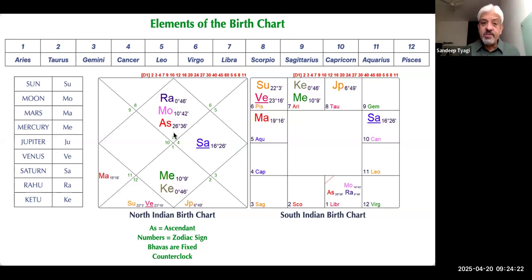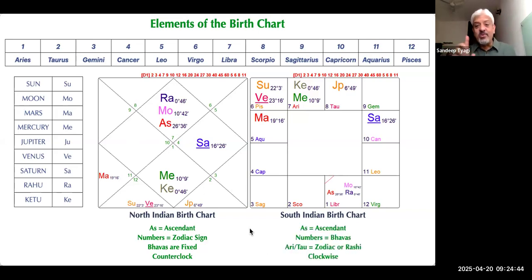The number here is not the number of the bhava or the house. It is the zodiac. This remains fixed. It's always the first bhava. This is always the second bhava. This is always the third bhava, the fourth, fifth, sixth, seventh, eighth, 9, 10, 11, 12.